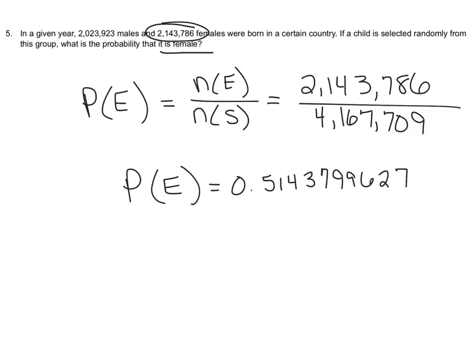When you do the division on your calculator, you'll get this decimal, but we want to round to 2 decimal places. So we'll look at the value in the third decimal position, which is a 4. Since 4 is less than 5, I'll leave the second number in my decimal as is. So my answer is 0.51.